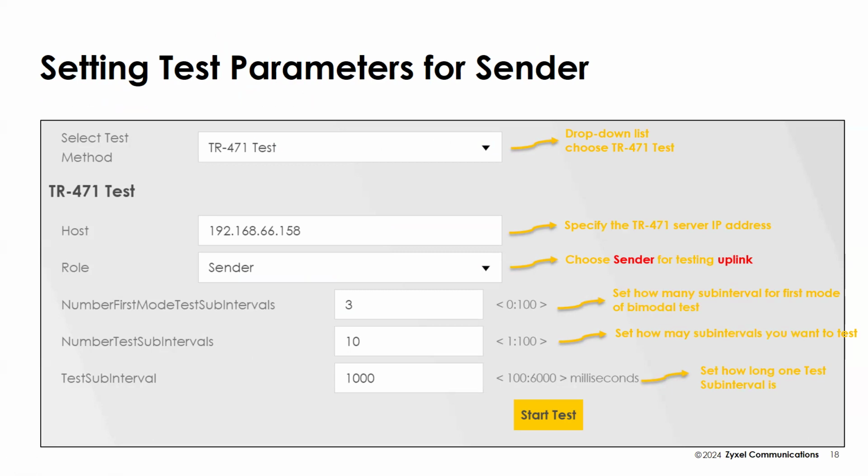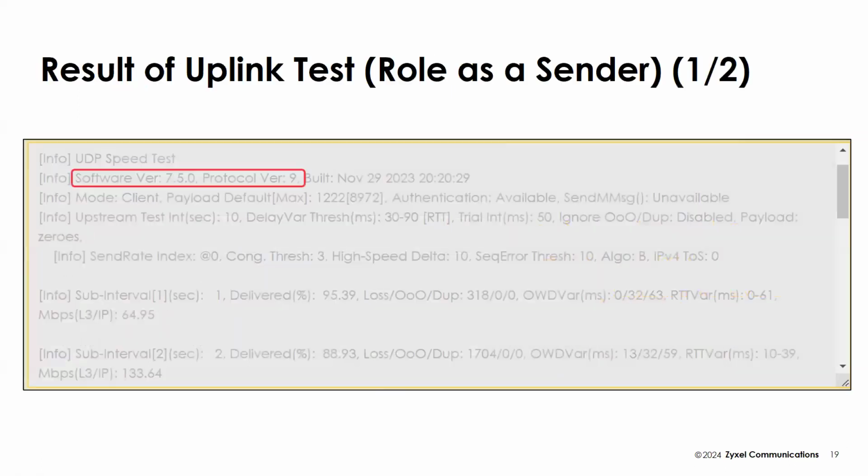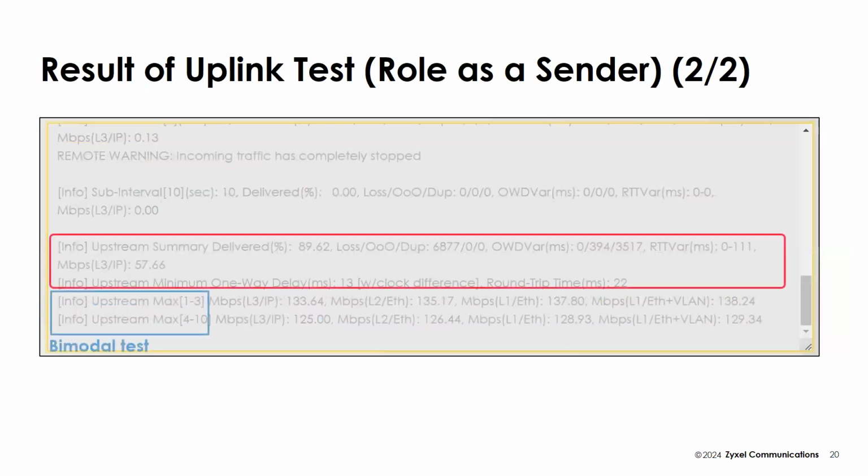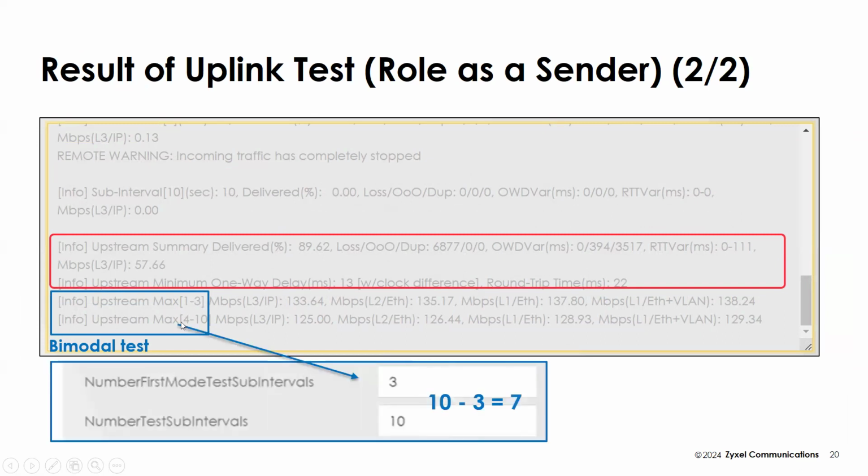So we'll have two results, one from 1 to 3, and the other from 4 to 10. So you're talking about the first 3 subintervals and then the next 7, for a total of 10. Oh, so that's why we see the value in this bracket. Yeah, you can actually see the intervals right there.